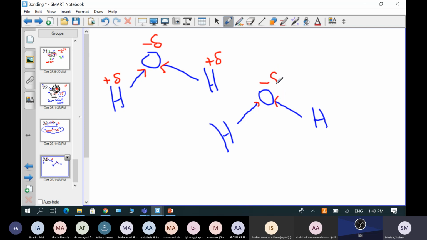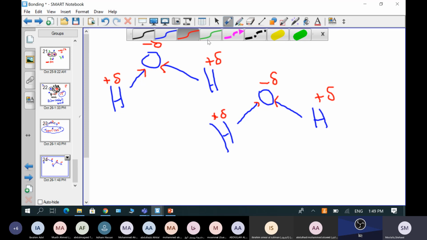Oxygen is partial negative, and hydrogen is partial positive, and this hydrogen is partial positive charge. And from here arises something called hydrogen bond. Hydrogen bond arises between two different molecules, one end of the molecule with partial negative charge and the other part with positive charge.